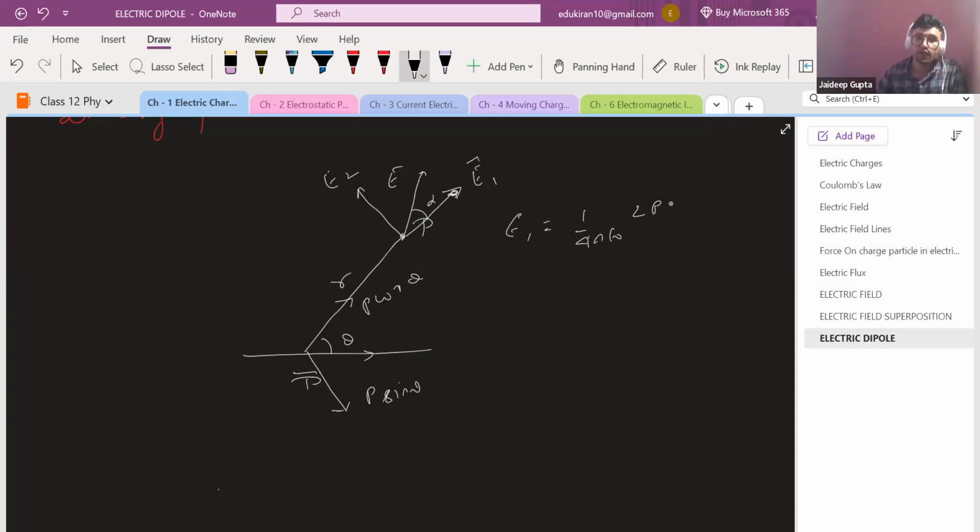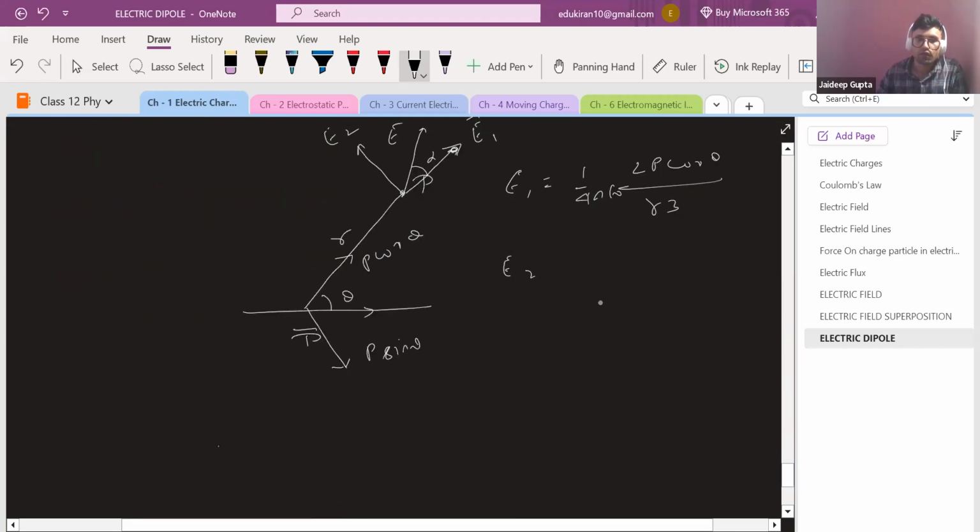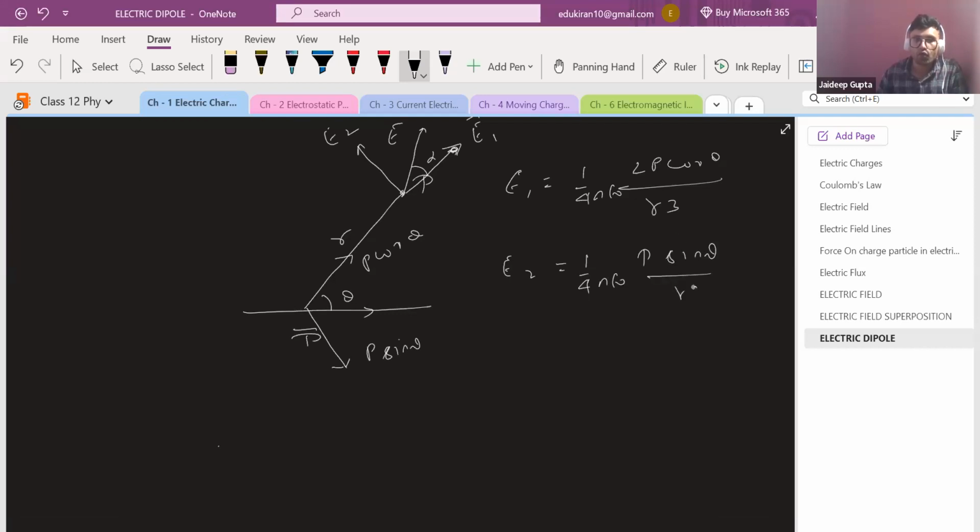Since we have discussed the axial electric field is 2P, instead of P we can write P cos theta over the distance R cube. This is for a short dipole, just remember, for a short dipole. And E2 will be 1 over 4 epsilon P sin theta over R cube.